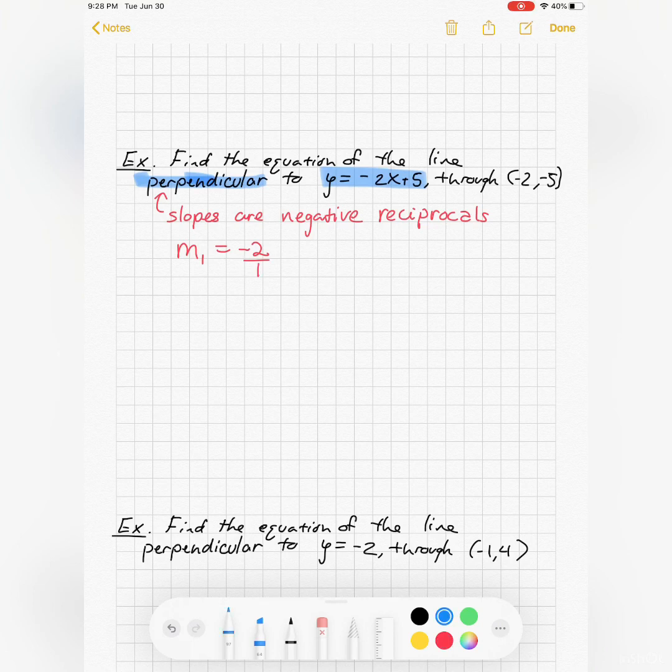So for the line I'm interested in, I'm going to flip that and make it the opposite sign. So +1/2. Here's my x1, y1. So I'm going to do my point slope form. y minus y1 is m times x minus x1.